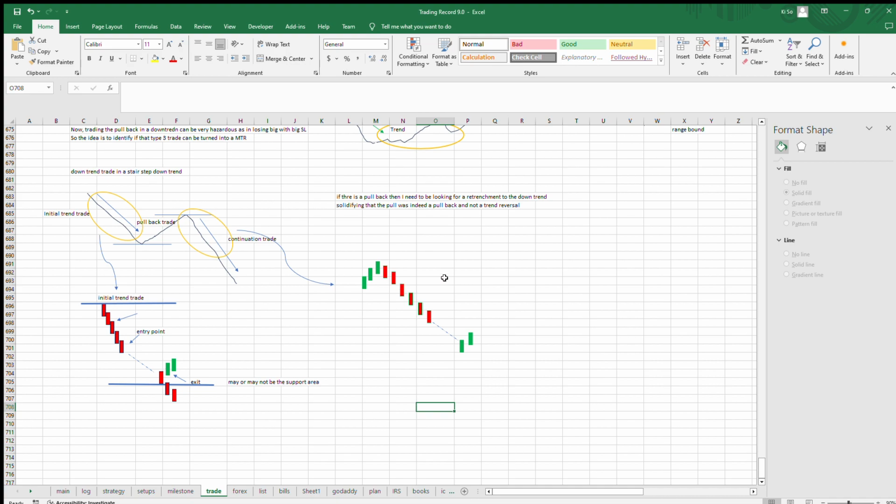So it'll be either the second or the third candle telling me to enter for a downtrend. And then I wait until a point, here, to exit.